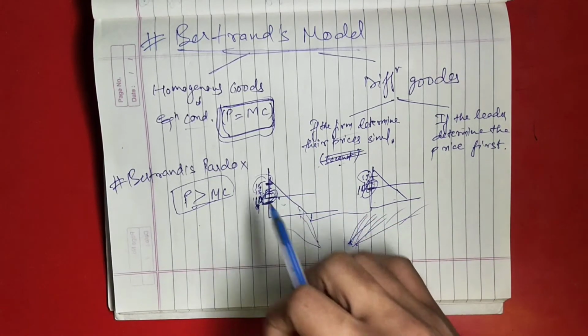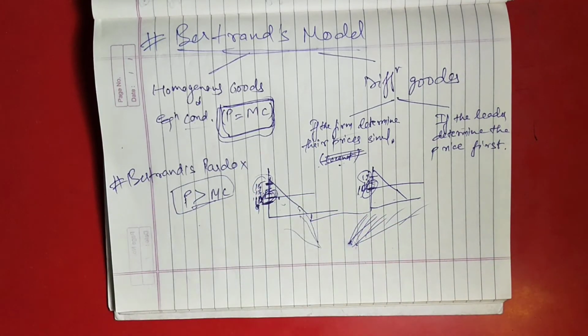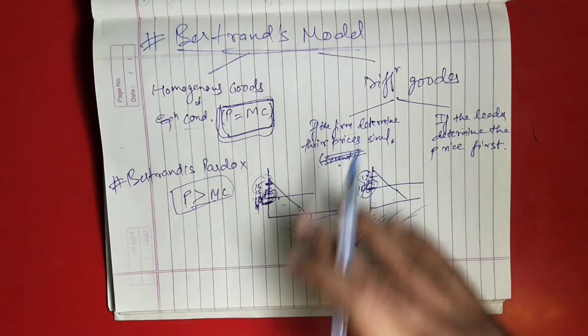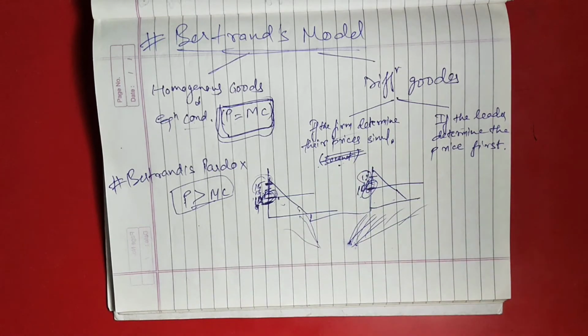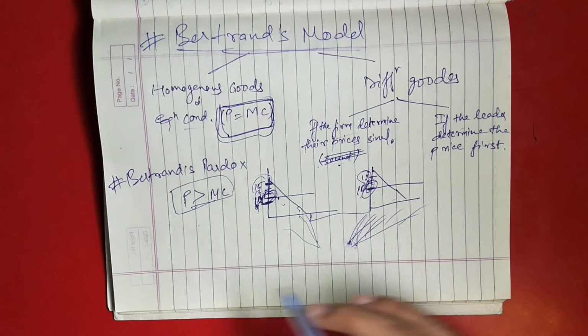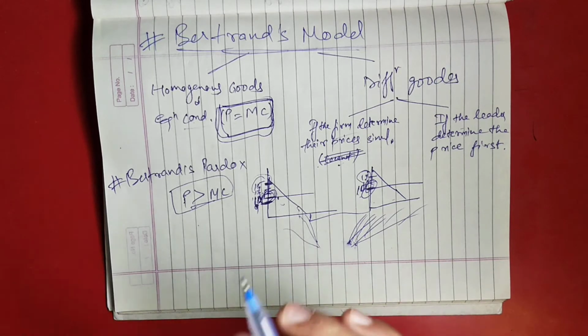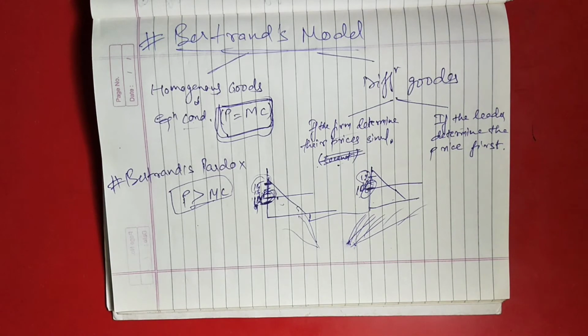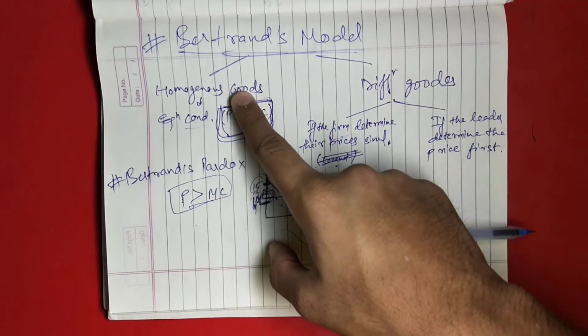So this is Bertrand's paradox, and being two sellers, still they are producing output and prices similar to that of perfect competition. So this was your first theory topic of Bertrand, and it is very important, it comes in exam.